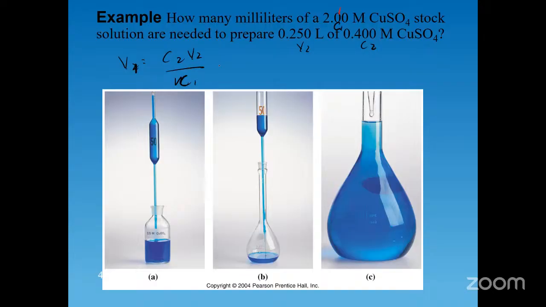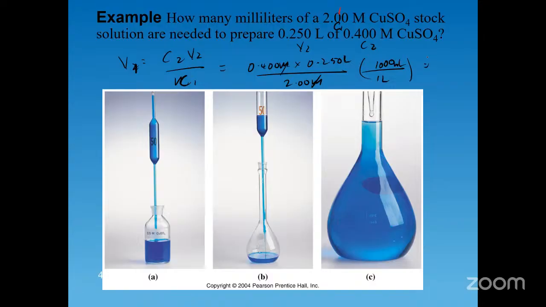So basically, it's going to be 0.400 M multiplied by V2, which is 0.250 liters, divided by C1, which is 2.00 M, and that will give you V1. But remember now, the question is asking for the volume in milliliters. So we have to do some conversion here. 1 liter there, 1,000 milliliters above. And let's see what that gives.